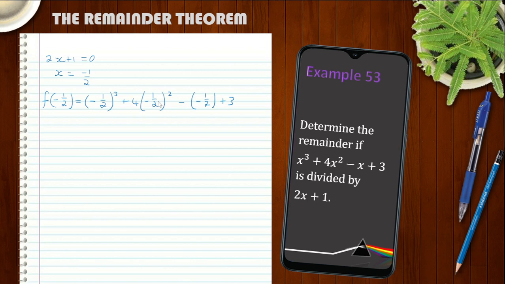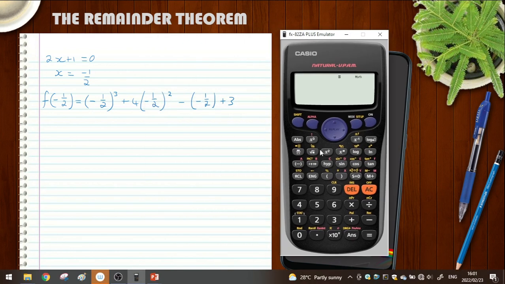And then it's just a lot of calculator work. So I'm going to go ahead and type that in, and it might take a while. Negative a half to the power of 3, plus 4 times negative a half to the power of 2, minus negative a half, and then plus 3.